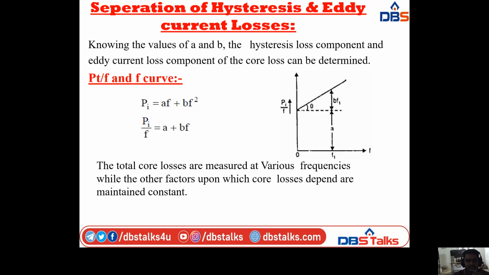The total core losses are measured at various frequencies while the other factors upon which core losses depend are maintained constant, and using these we plot the Pi by F versus F curve. So here we are varying the frequency only, and the other dependencies are maintained constant in this condition.